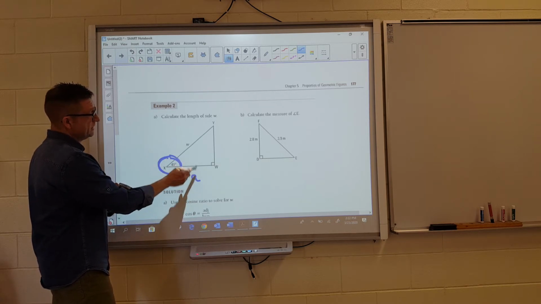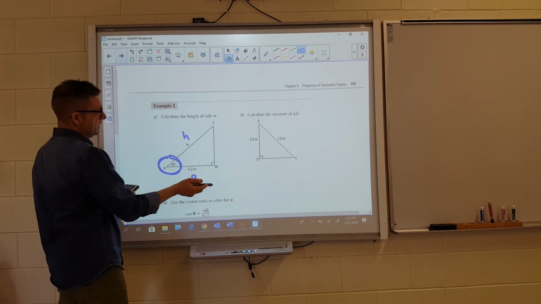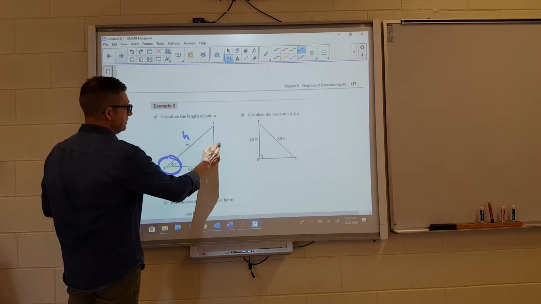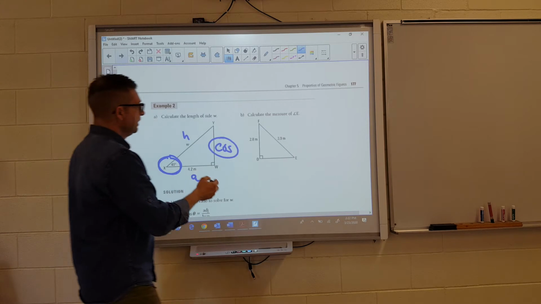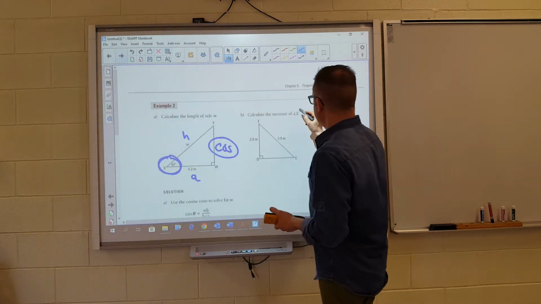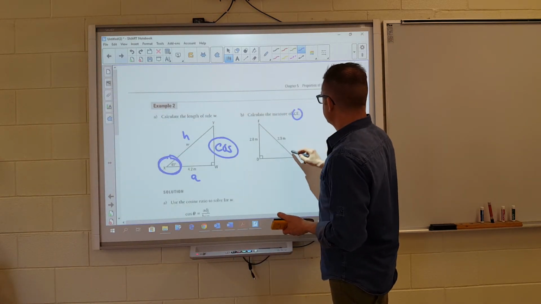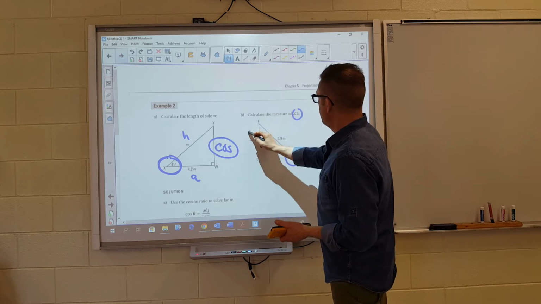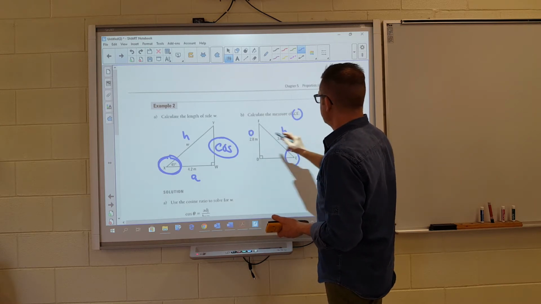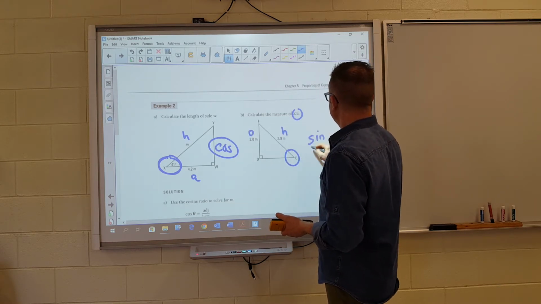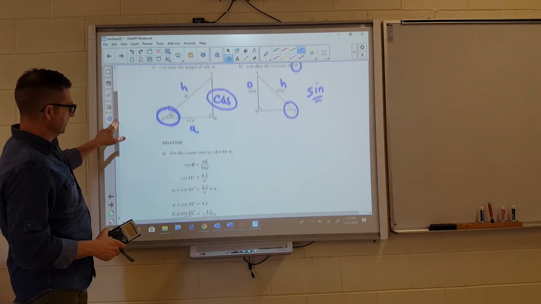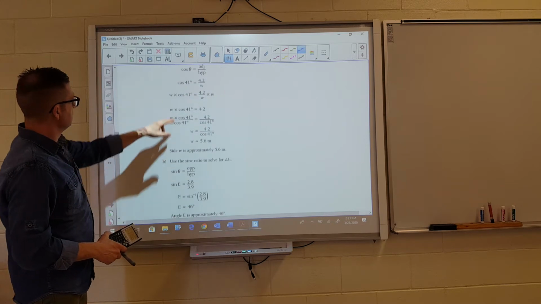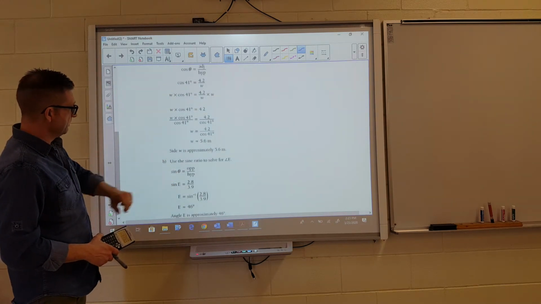So that's adjacent, this would be hypotenuse, and therefore I would use cosine, and sure enough that's what they're using down there. This one here, I would find the measure of angle E, I would circle my E, then that would be opposite, that would be hypotenuse, so they're going to use the sine for that one, and you go down, have a little peek, sure enough, cosine like we thought, sine for that one there.